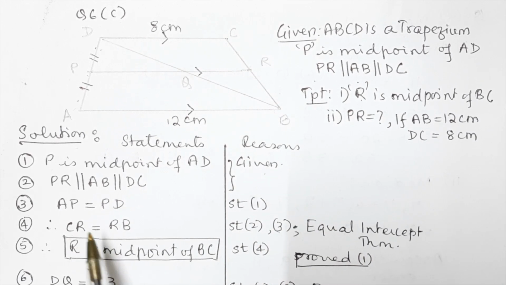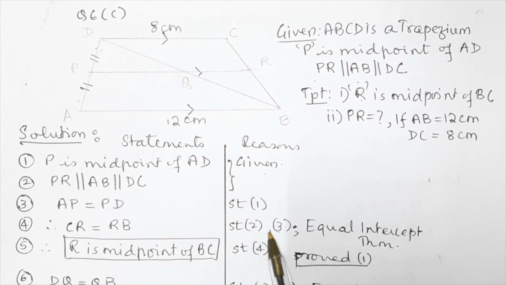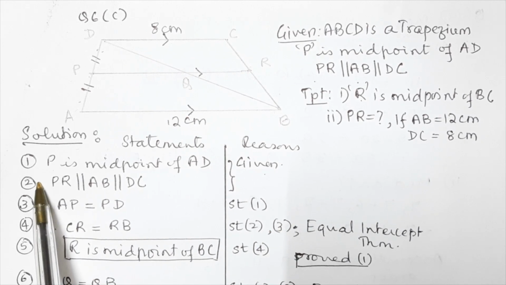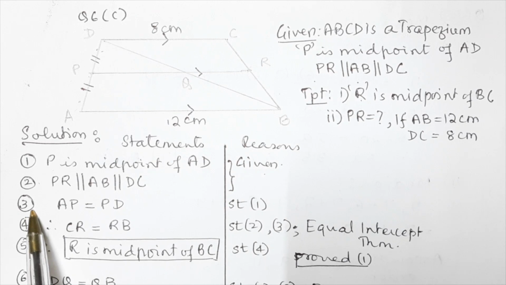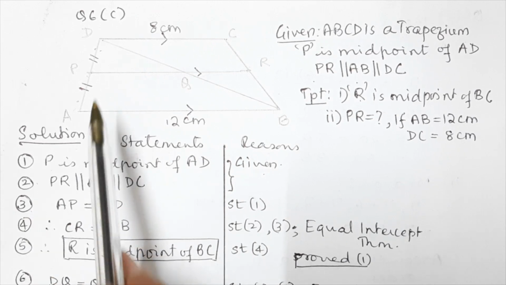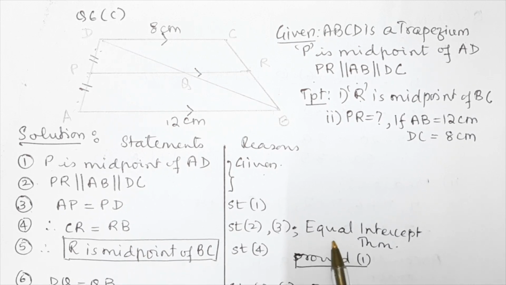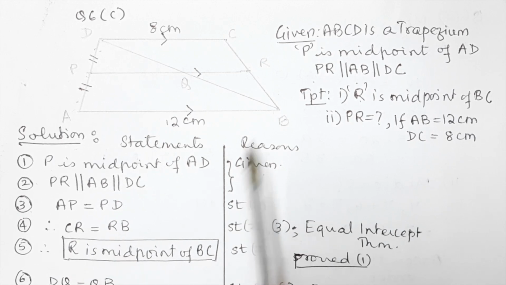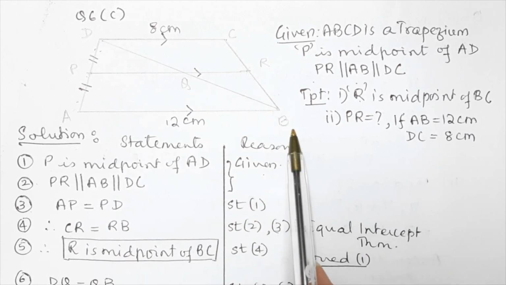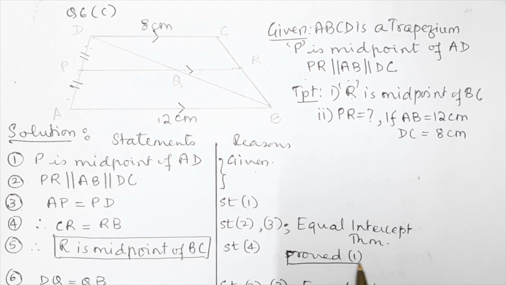So immediately we write CR equal to RB from statement 2 and 3, where the three lines are parallel and equal intercepts are made because of the transversal AD, and so CR will be equal to RB because of equal intercept theorem. And because CR is equal to RB, R becomes the midpoint of CB. And that is what we have proved as the first part.